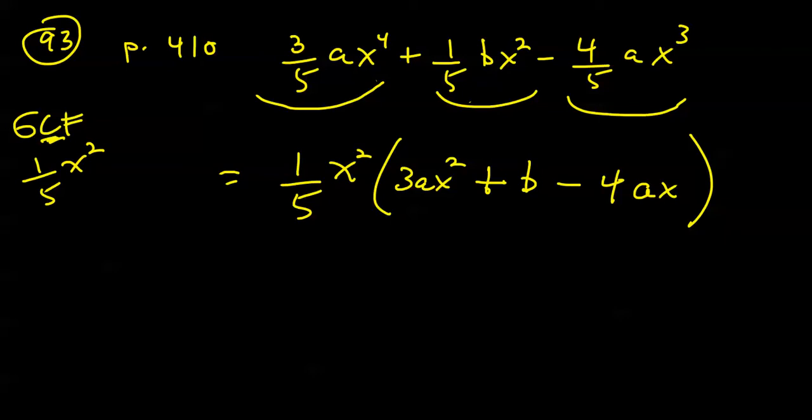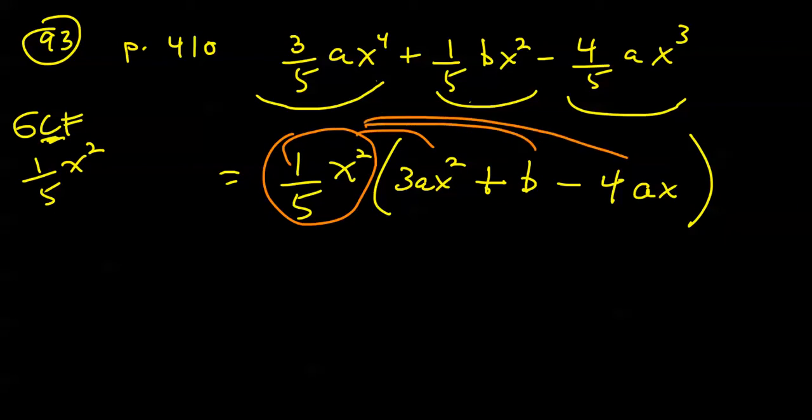This one was a little nastier. Let me go to a different color here. Can I check my answer? If I multiply it out, I should get what I started with. 1/5 x squared times 3ax squared gives me 3/5 ax to the fourth. This term checks. Plus 1/5 x squared times b is 1/5 bx squared.